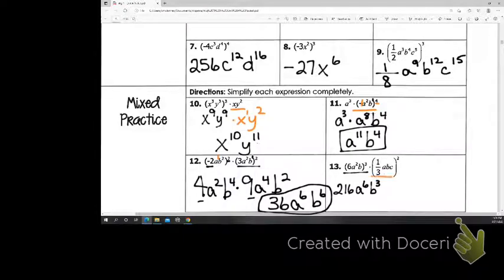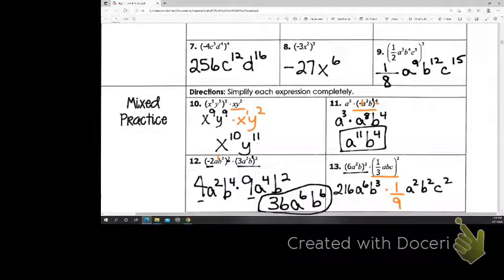Then I need to deal with this guy. 1/3 to the second is 1/9. So 1/3 times 1/3 is 1/9. And then a to the 2nd, b to the 2nd, c to the 2nd. And now I've run myself out of space, but now we're going to put those together.